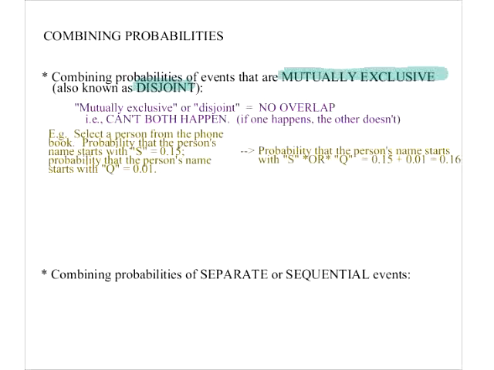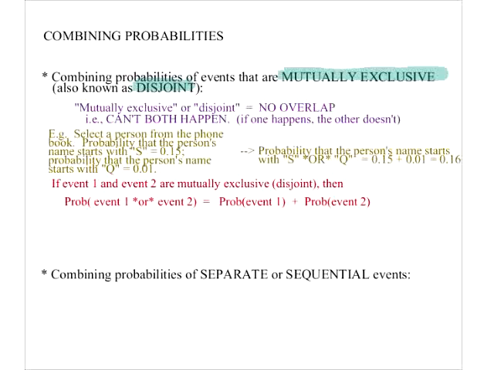So if event 1 and event 2 are mutually exclusive, also known as disjoint, then the probability of event 1 or event 2 is just the sum of the probabilities. You just add them.